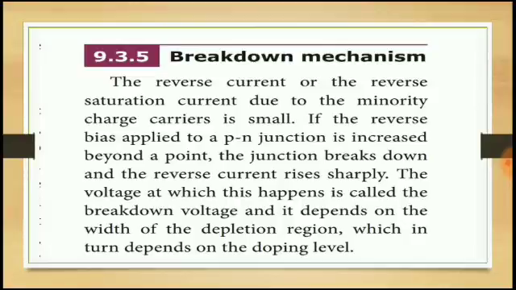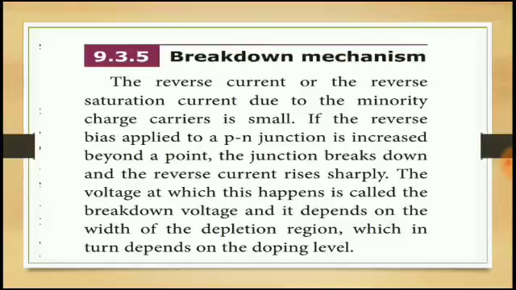The voltage at which that happens is called the breakdown voltage. Please underline. So breakdown voltage is an important 2-mark question. And it depends on the width of the depletion region, which in turn depends on the doping level.